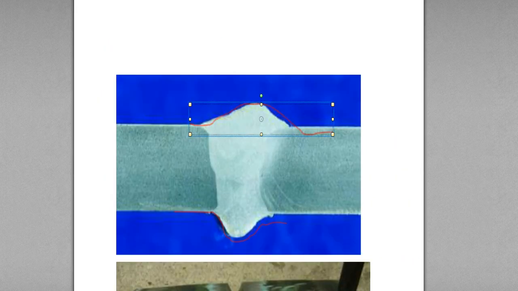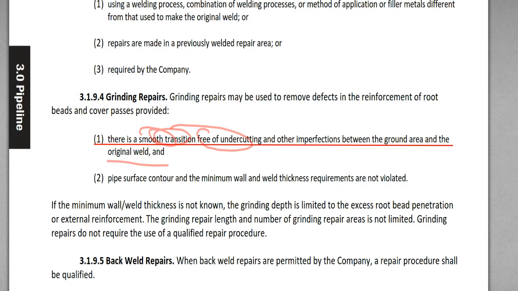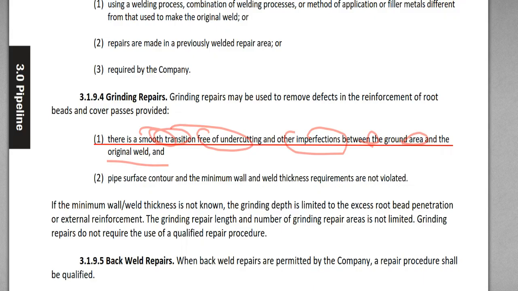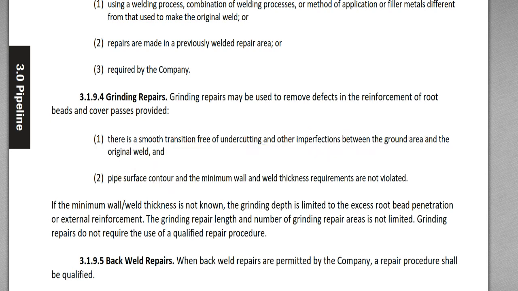No undercut here, no undercut, no undercut. And no other imperfections between the ground area and the original weld. That's condition number one.